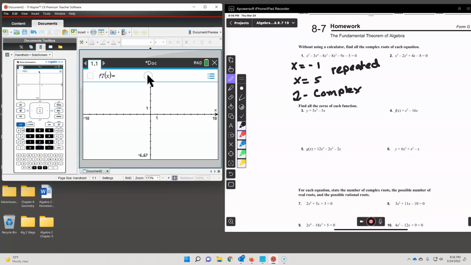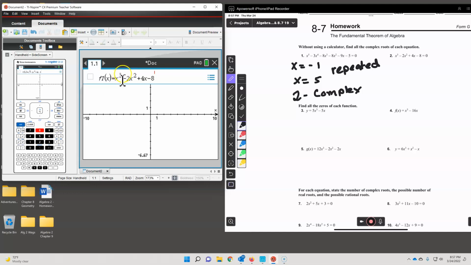You're going to press graph. Let's type in the equation. We have x to the 3rd power minus 2x squared plus 4x minus 8. So this is a cubic polynomial, and you notice it's a 3rd power.